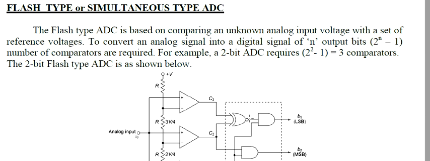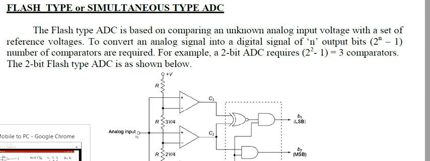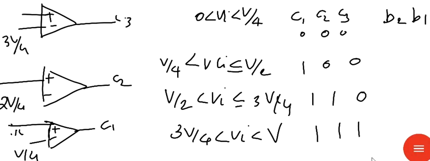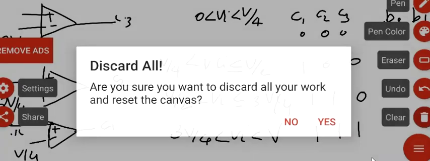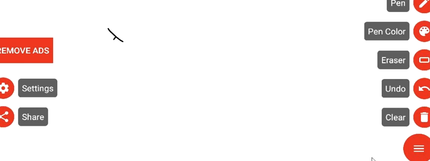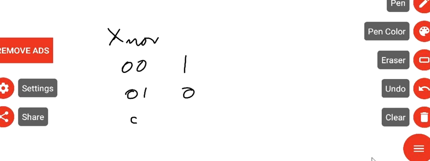This coding circuit consists of an XNOR gate and an AND gate. What is the truth table for the XNOR gate? For 0 0 the output is 1, 0 1 gives 0, 1 0 gives 0 and 1 1 the output is 1.